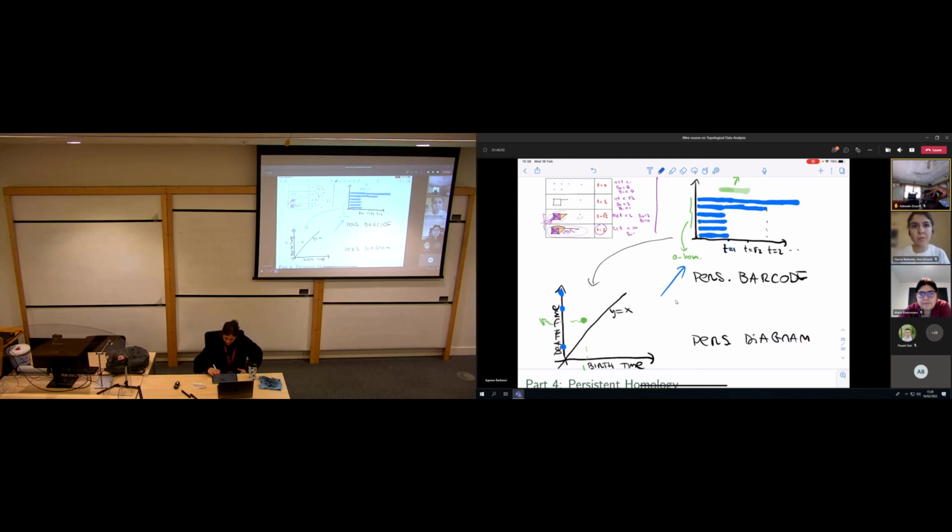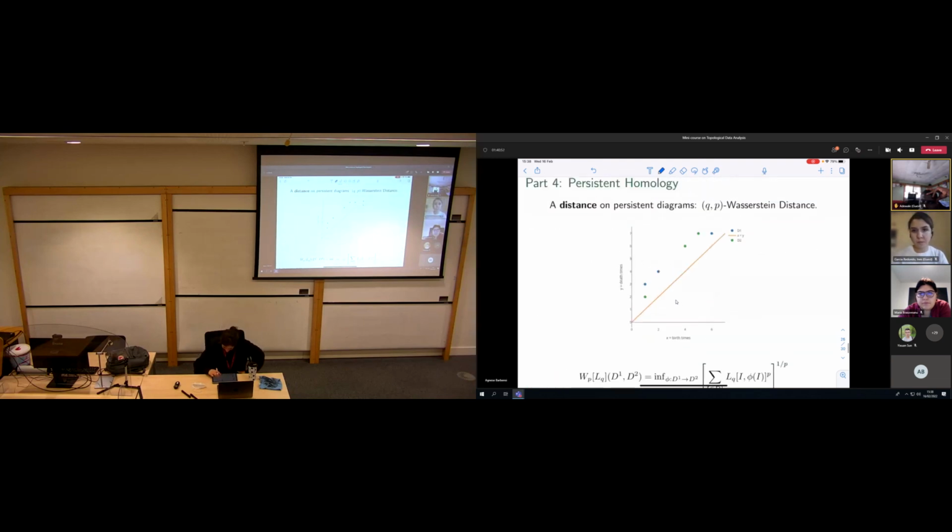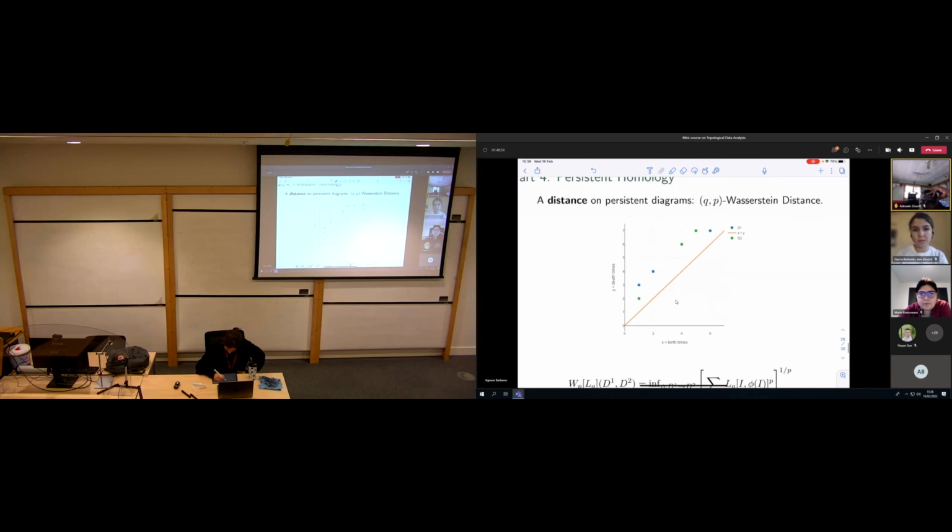Now, this thing here is a much better looking example of what a persistent diagram might look like. I just want to say another couple of quick things and then we'll call it a day for today.